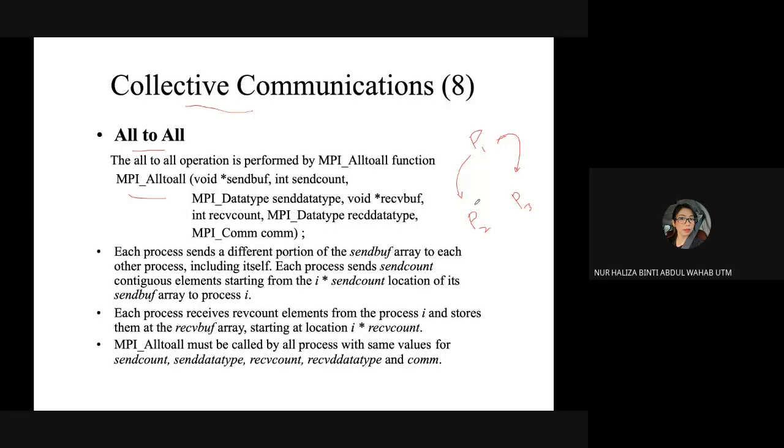Because you can see that if you have processor 1 and processors 2 and 3, P1 can send to P2 and P3, and P1 can also send to P1, P2 can send to P1, P3 can also send to P1, P2 can send to P3, and P3 can send to P2.